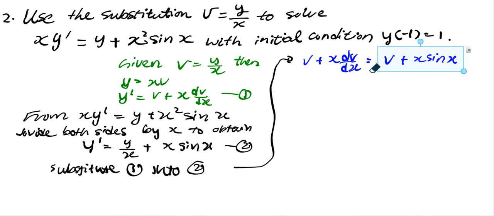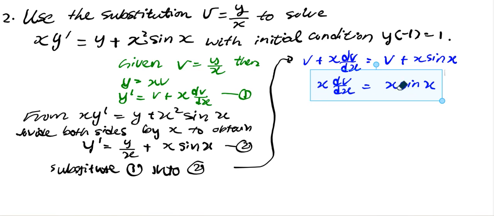So you can see v is on both sides again, so v can be cancelled out. So we are left with x dv dx is equal to x sine x. x is also on both sides, so that can be cancelled out. So we have dv dx now equal to sine x. Therefore, dv is equal to sine x dx.